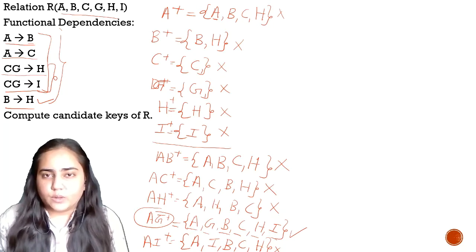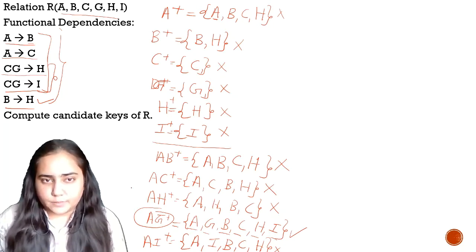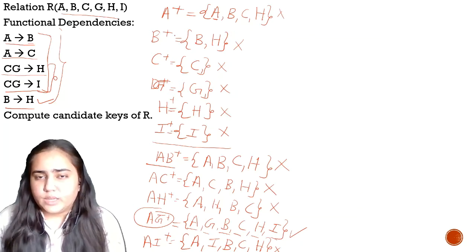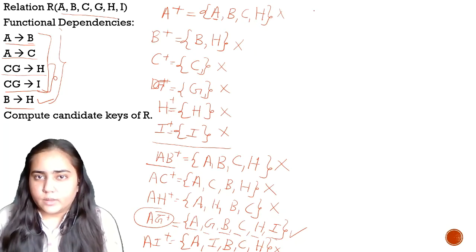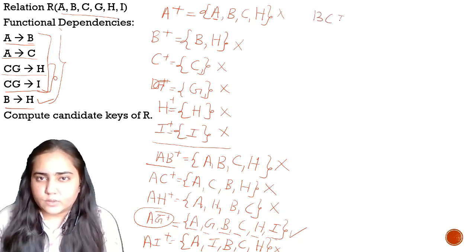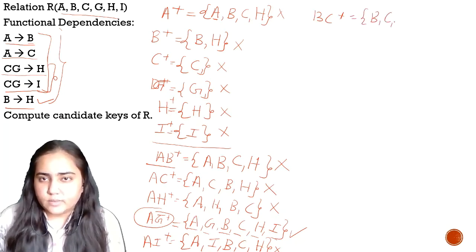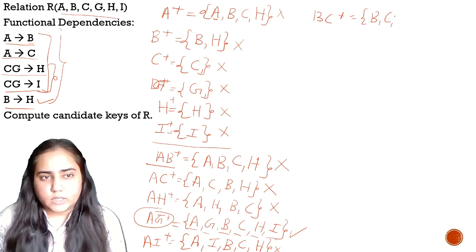Now we are going to try combinations with B, and because we've already combined A and B before, we don't need to do BA plus, but we haven't combined B and C, so we are going to do BC plus, which is B and C. After that, I can add H, but I cannot add anything else.